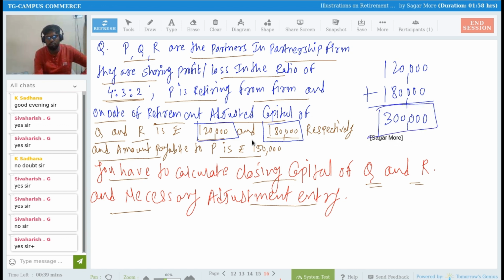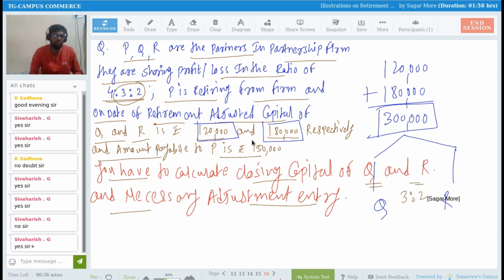And these 3 lakh rupees we have to simply distribute between Q and R as per their new profit sharing ratio. What is their new profit sharing ratio? Three to 2, right?